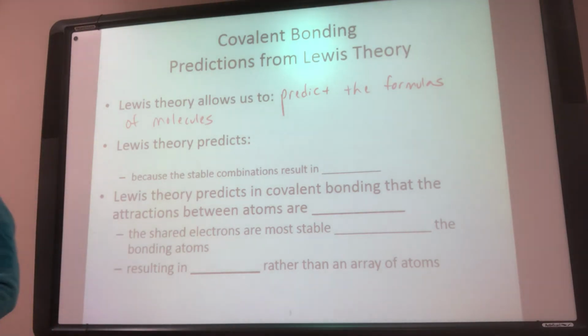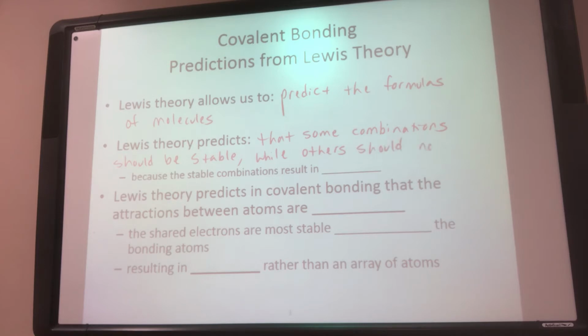Lewis theory also predicts that some combinations should be stable, while others should not. Okay?